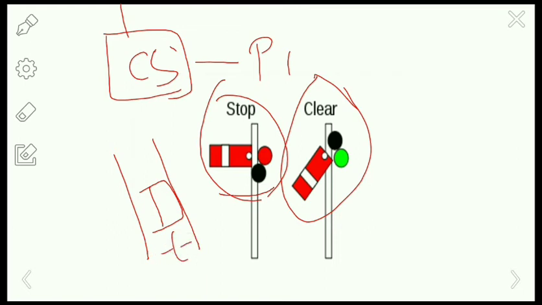If more than one train is on the track, it is indicated by the signal stop. If the track is free, it is indicated by the signal clear. That means no other train is using the track and the train can pass through.